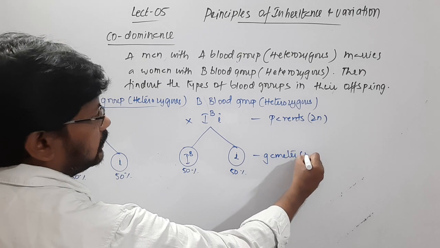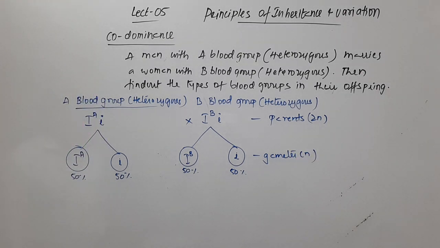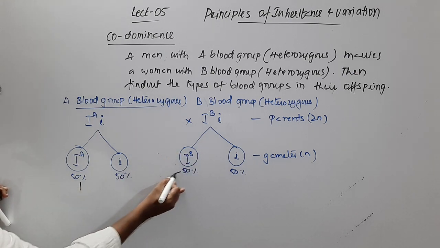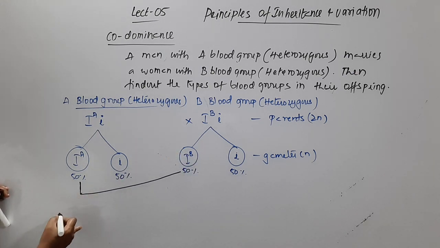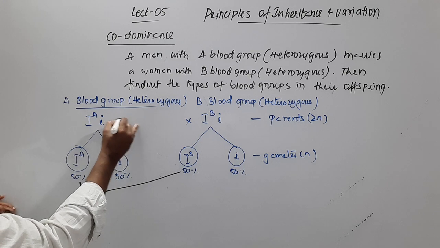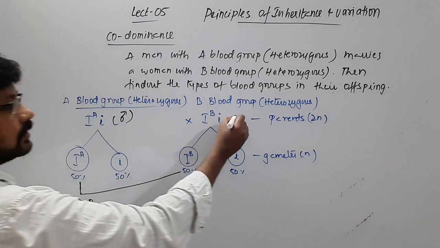So gametes are n. Now if the gamete having IA and the gamete having IB are fused or fertilized, it results in the formation of IA IB.